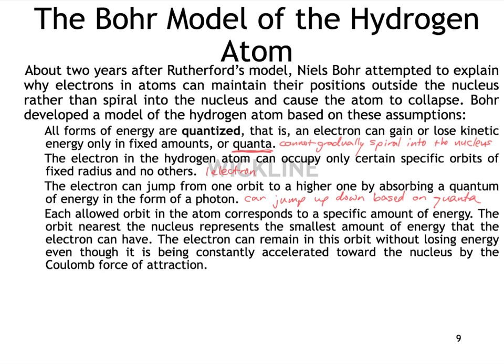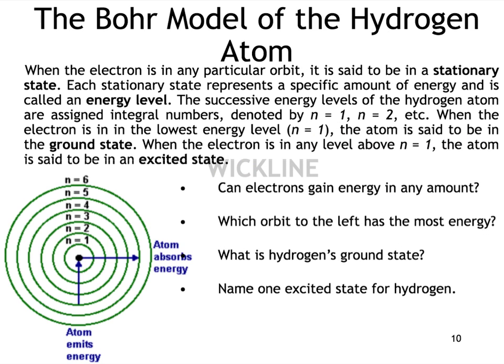So let's take a look at a diagram. This diagram shows you what the orbits are. This is for a hydrogen atom, and you have orbits 1, 2, 3, 4, 5, and 6. Things that you need to know are that the lowest orbit is the best orbit, but you can move to a higher orbit if you absorb energy.